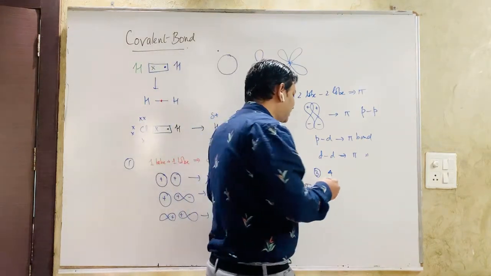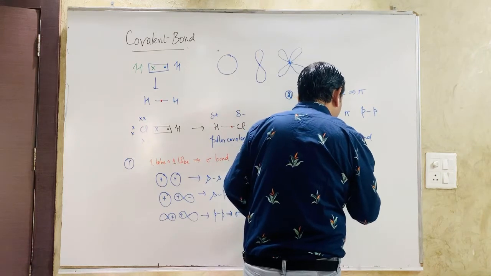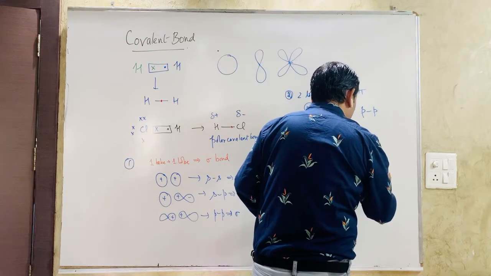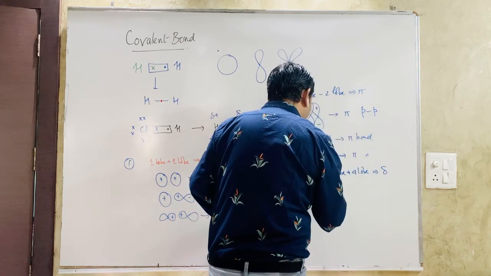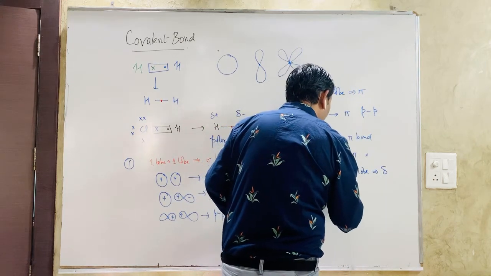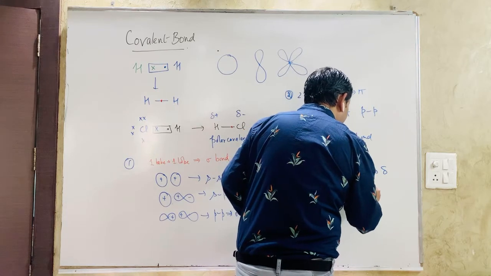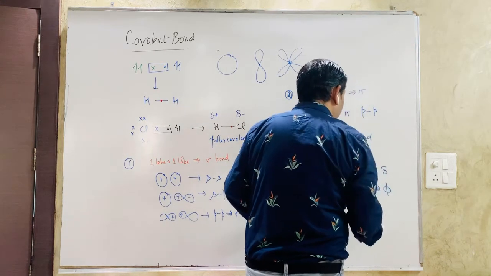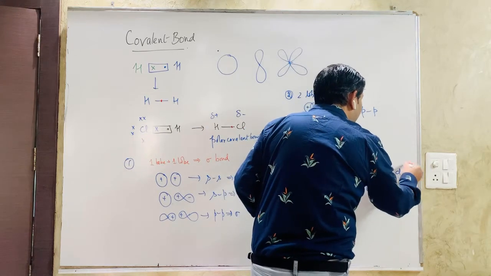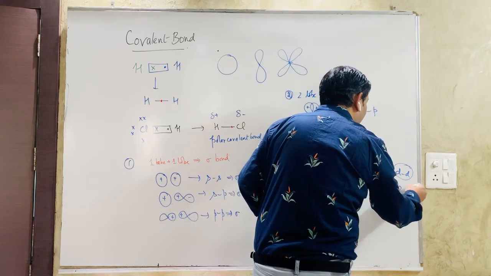The third type is 4 lobe, which forms a bond known as a delta bond, and the fourth type is 6 lobe, where the bond formed is called a phi bond. Now this involves only a dd interaction and this involves an ff interaction.